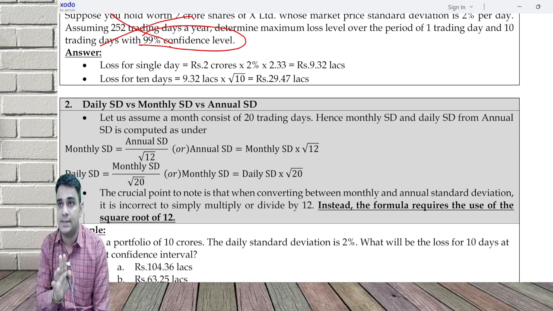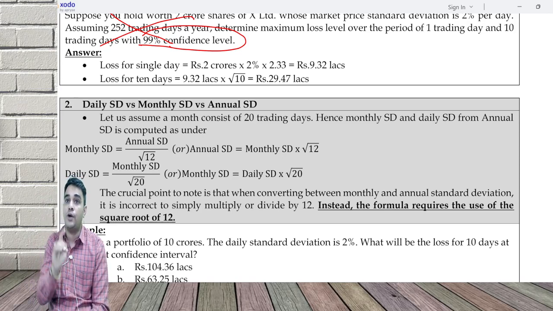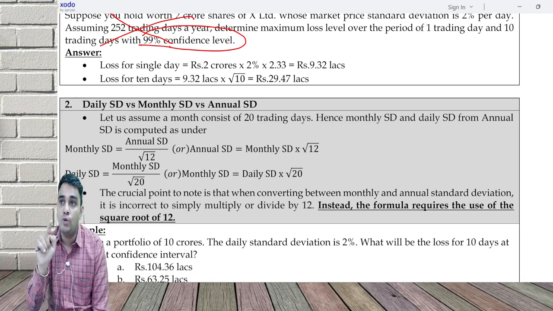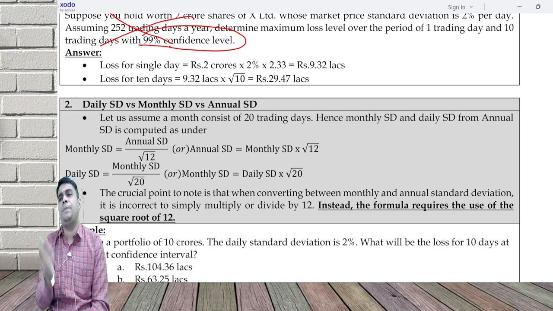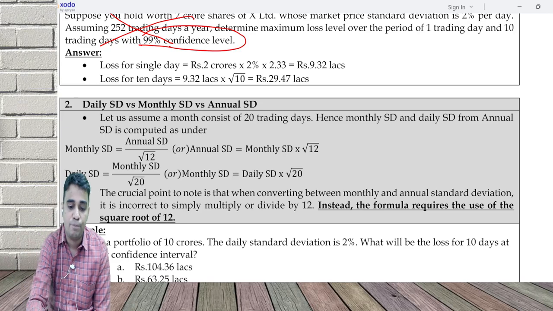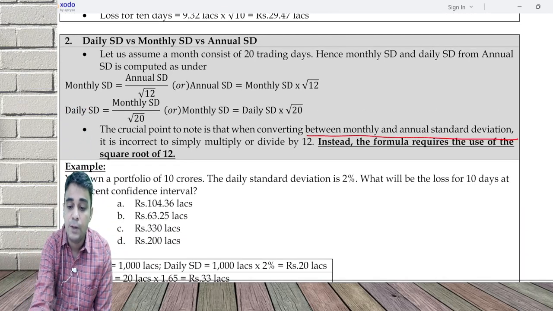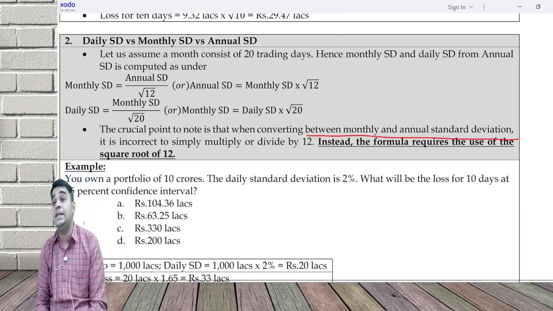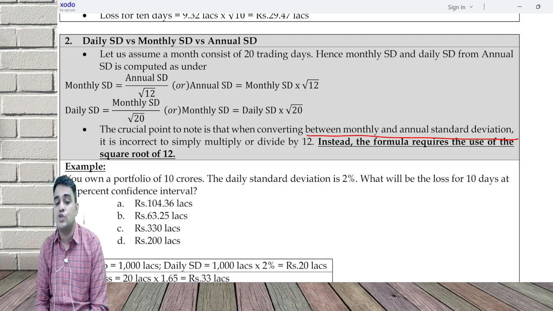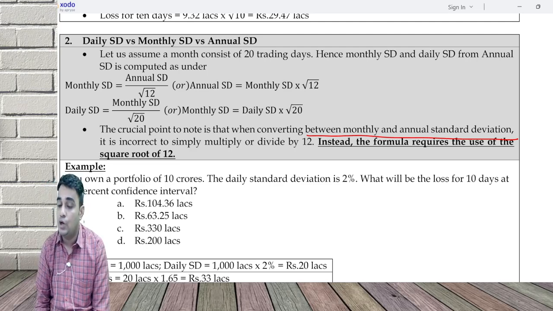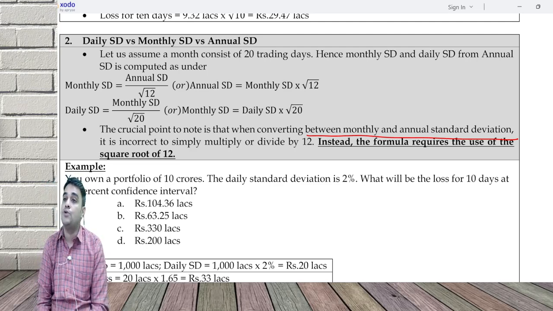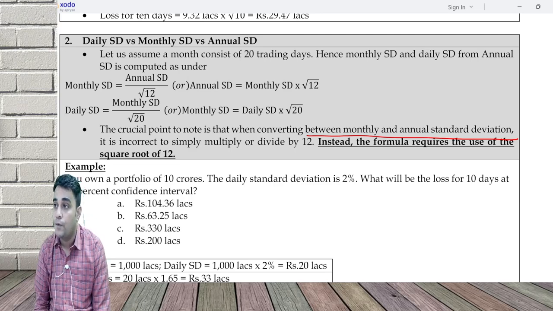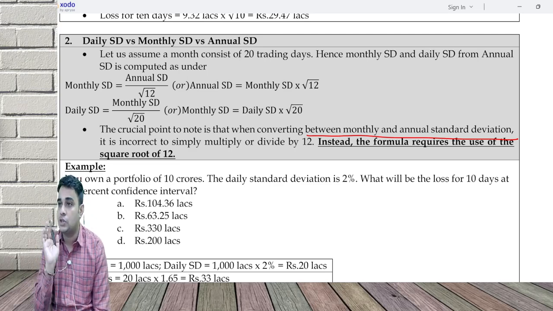Because I said only 20 days. So you have to divide by square root of 20 or multiply by square root of 20. The most important part is conversion between monthly and annual. It is incorrect to simply multiply or divide by 12. Instead the formula requires the use of square root of 12. So you will have to be cautious about that aspect.